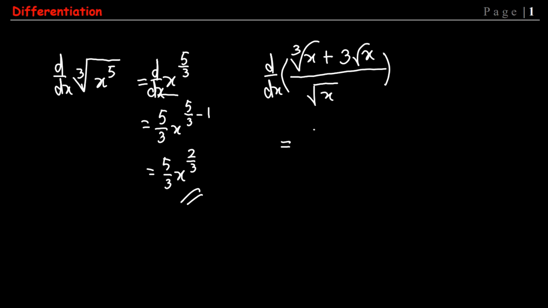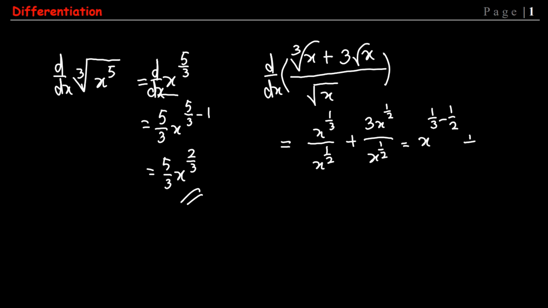Say we can write it x to the power 1 by 3, then x to the power half below, because we know that root x is x to the power half, then plus 3 by root x, 3 by x to the power half, then x to the power half is below. So the expression becomes x to the power 1 by 3 minus half.